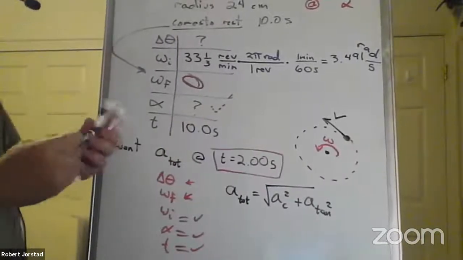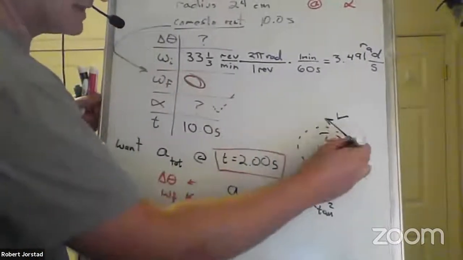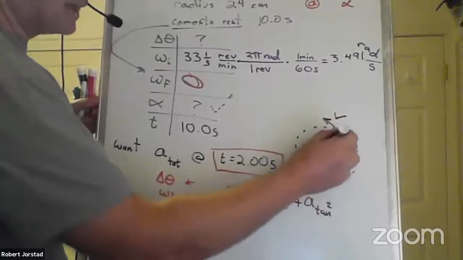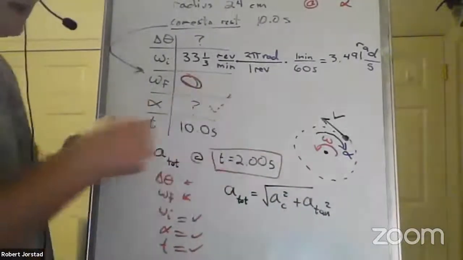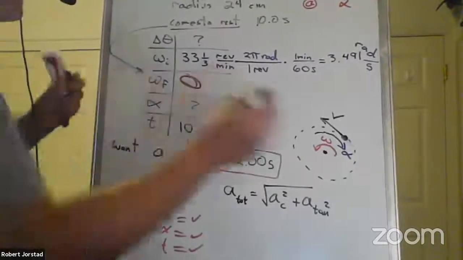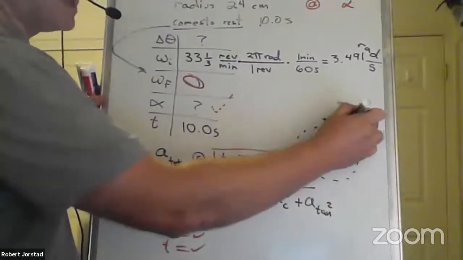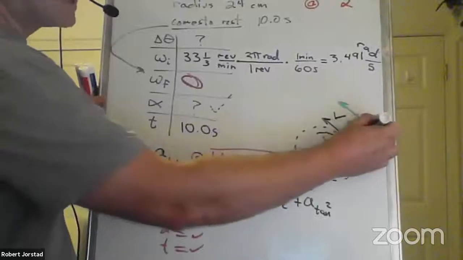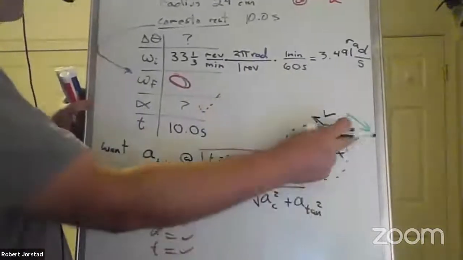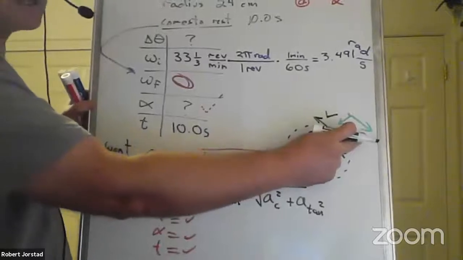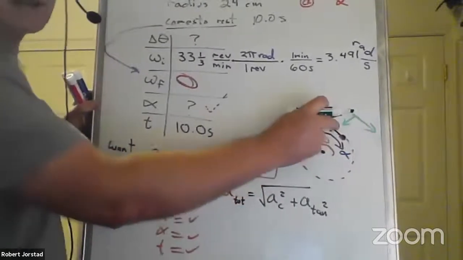But there's also, working against that omega, this alpha term. There's an angular acceleration. And so the particular point out here is feeling forces this way and that way. Or I guess in this case, there's a force this direction, right? So this particular point has a force against its motion, slowing it down, and towards the center, keeping it in the circle.